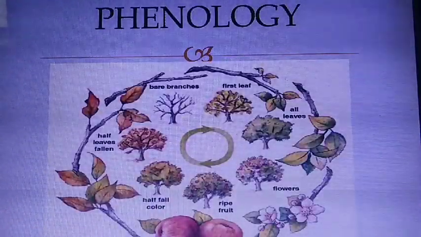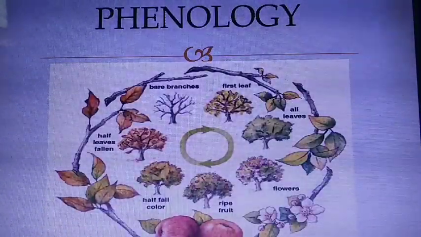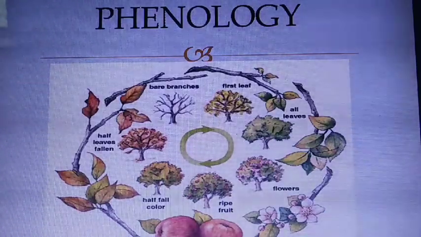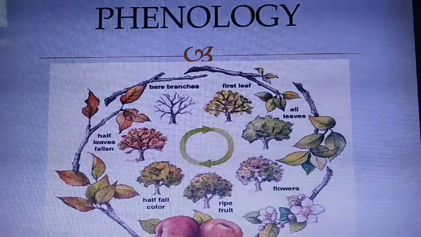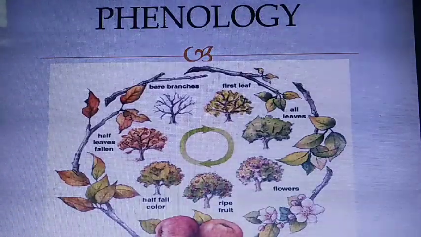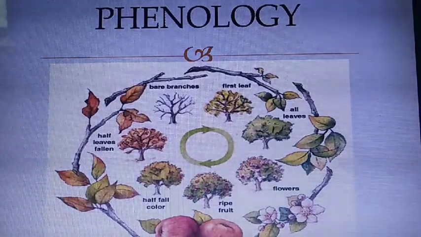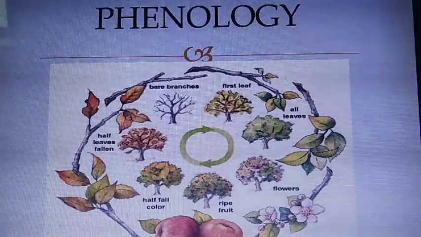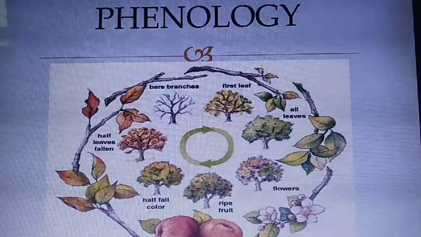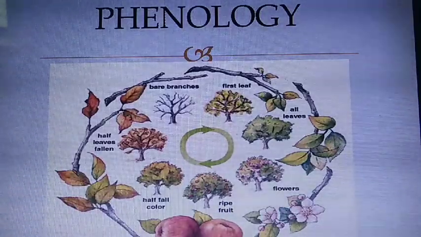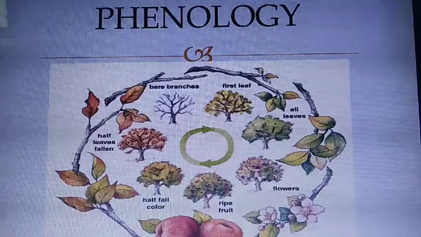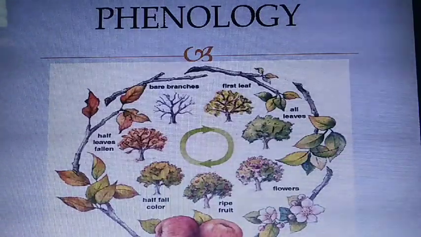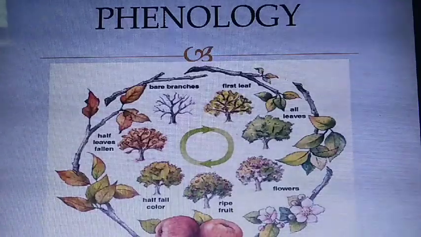Next, the term is phenology. The periodic, the seasonal variation of a particular species, from the growth of seed to a germling, to its vegetative state, then reproductive state, fruiting, flowering, then fall of leaves, and then the death and decay of the plant.